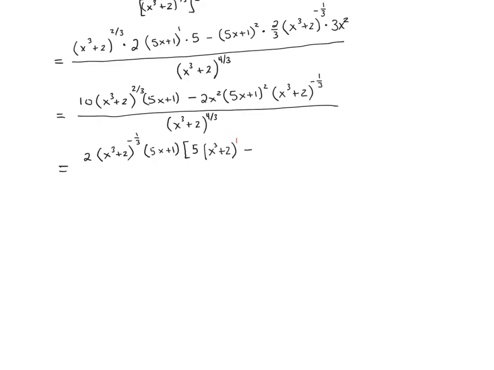Minus, now we factored out the 2, so we'll be left with an x squared. From the 5x plus 1 quantity squared, we factored out one of those, so we will be left with 1. And we factored out the x cubed plus 2 to the negative third power.